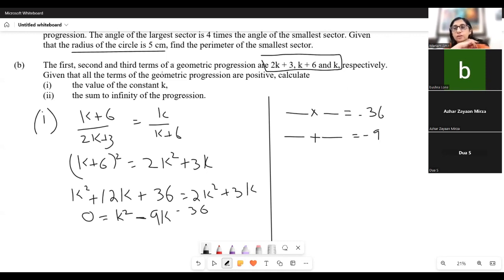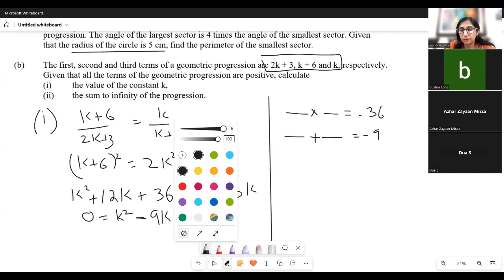Give me the factors, guys. How does 36 come about?